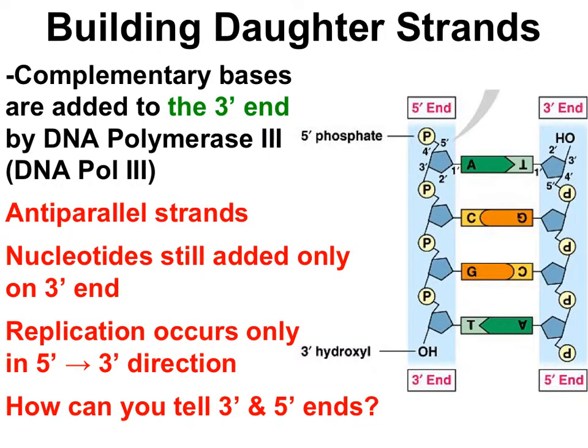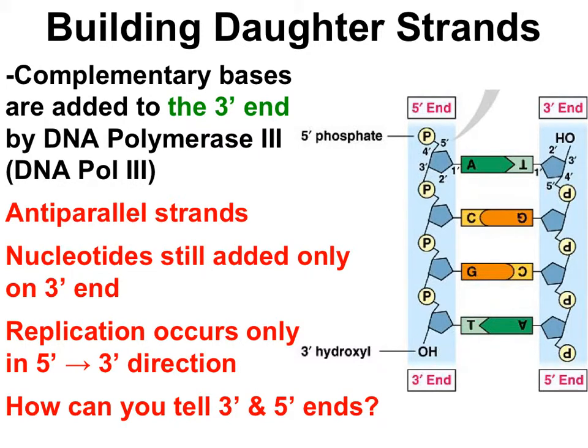The way double-stranded DNA molecules are set up is in an anti-parallel way. What this means is that one DNA strand goes from the 5' direction to the 3' direction, and the other DNA strand goes in the opposite way, where the 5' is down here and the 3' is up there.